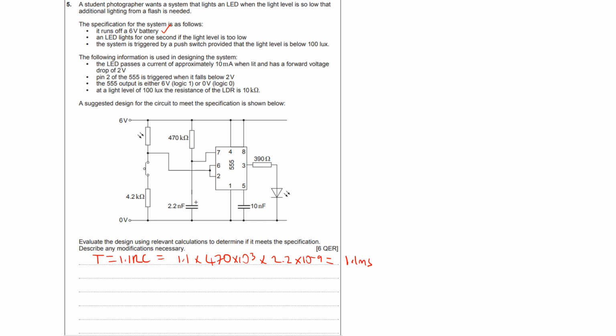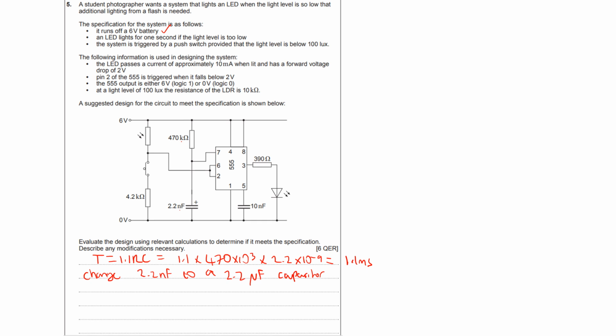Any modifications: if I'm out by a thousandth, I can make this 1,000 times bigger. You can't really go less than 1K on the resistor, so you're going to change the nanofarad. Change the 2.2 nanofarad capacitor to a 2.2 microfarad capacitor. That should solve that problem.